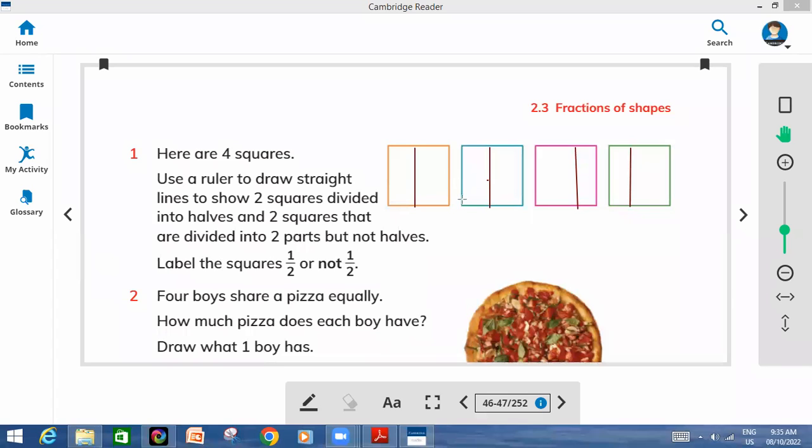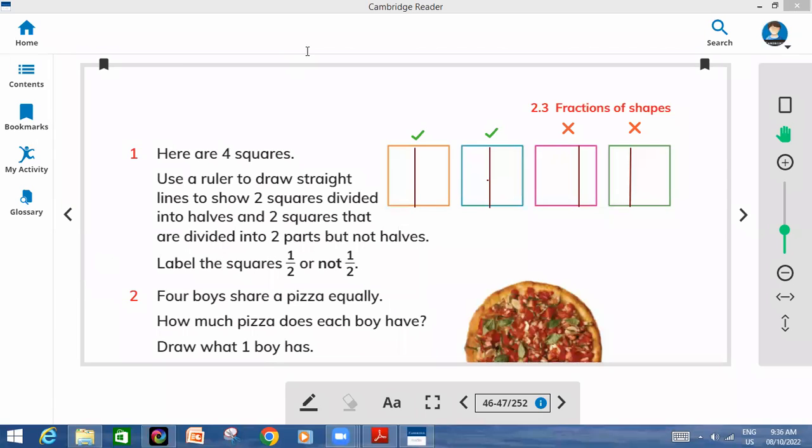The left and the right, even the other one that is into the half, to the same sides. But the other two are not fair. You can see they are not equal. Even if you want to draw a straight line, here it is not equal. So we can say the first two are equal and the other are not equal.